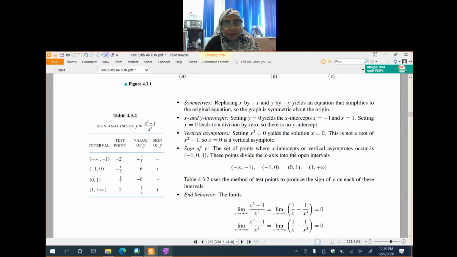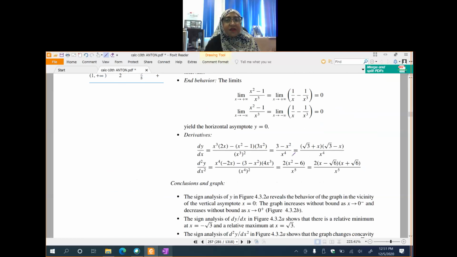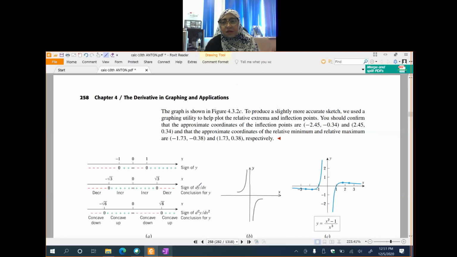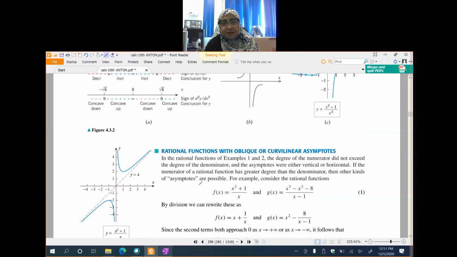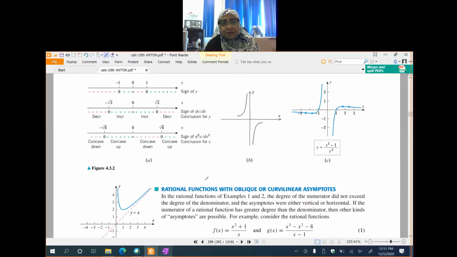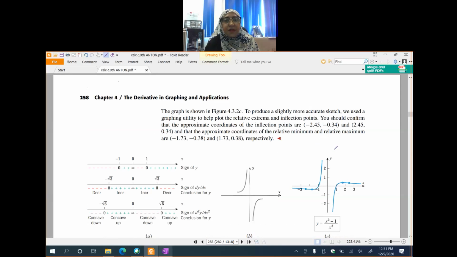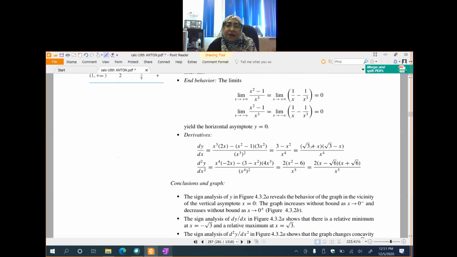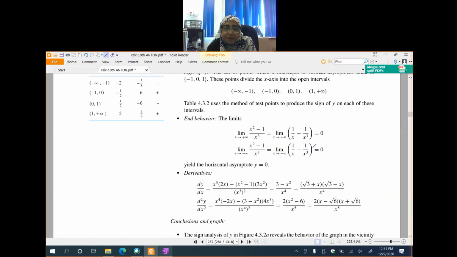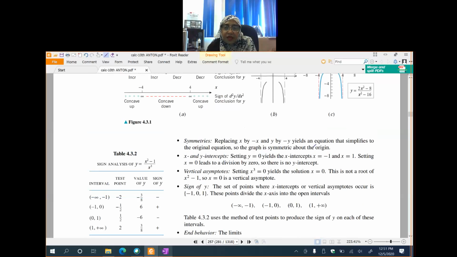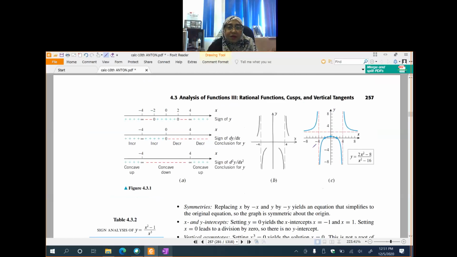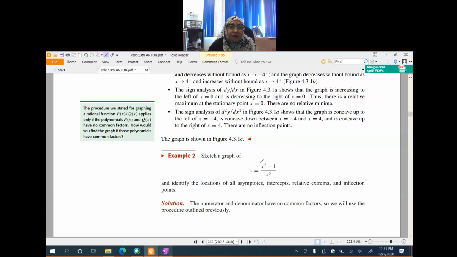What will be the next function? This is the graph. x squared minus 1, divided by x cubed.